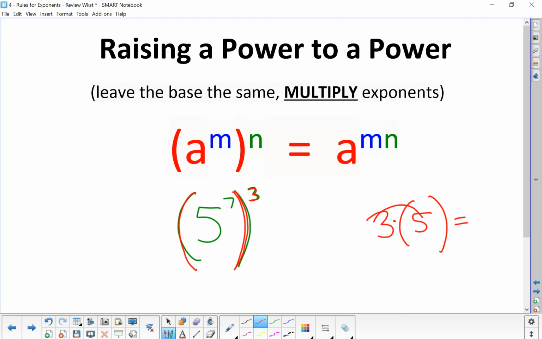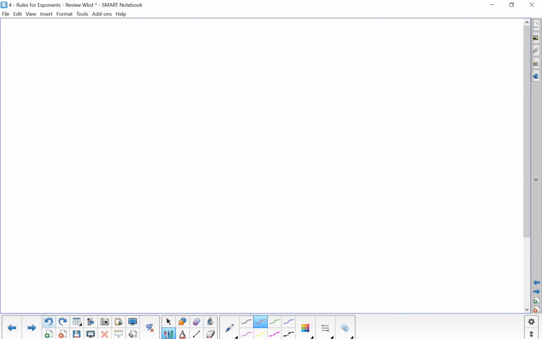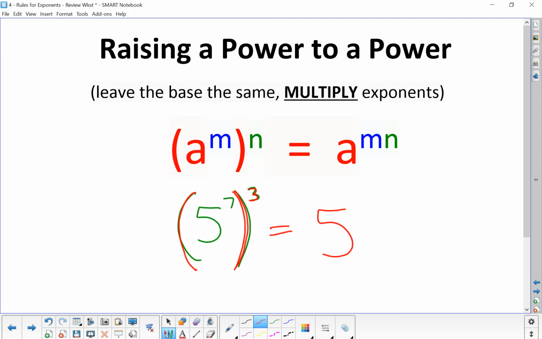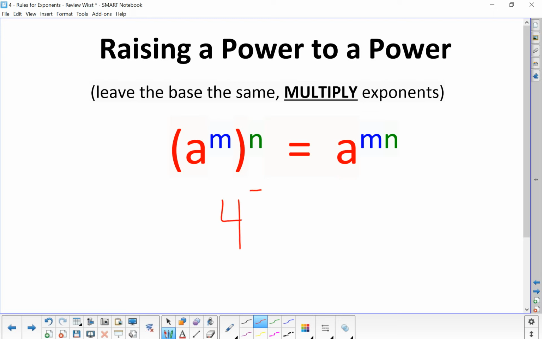So you would distribute or multiply there. So 5 to the 7th power, raised to the 3rd power, leave the base the same, and multiply the powers. 4 to the 5th power, raised to the 6th power, is 4 to the 30th power.